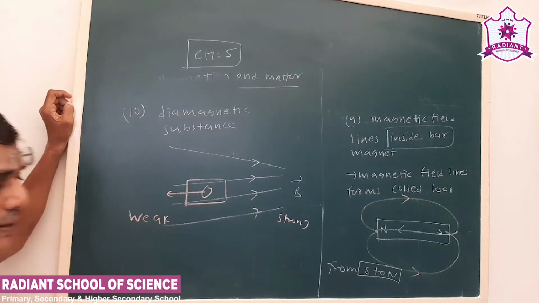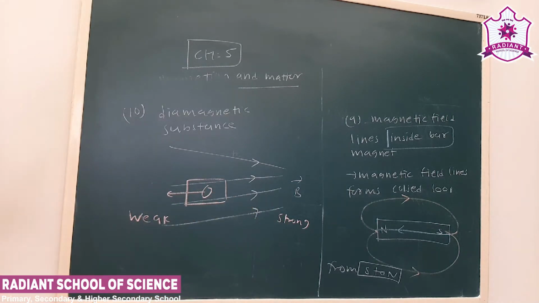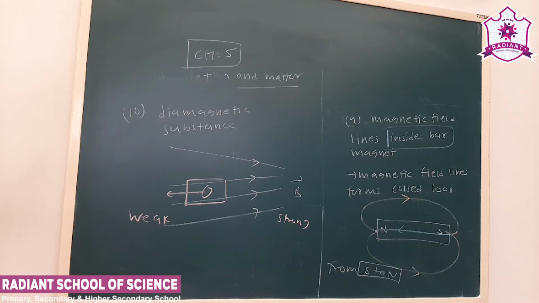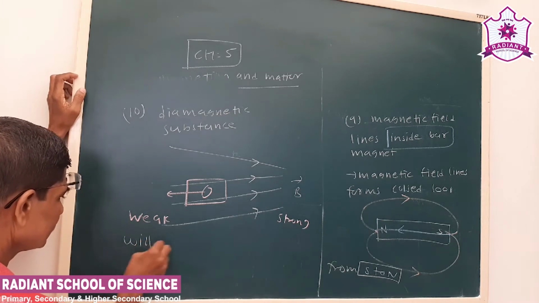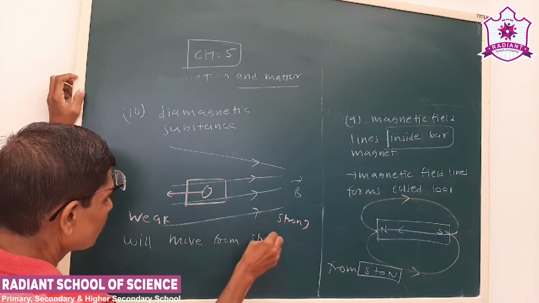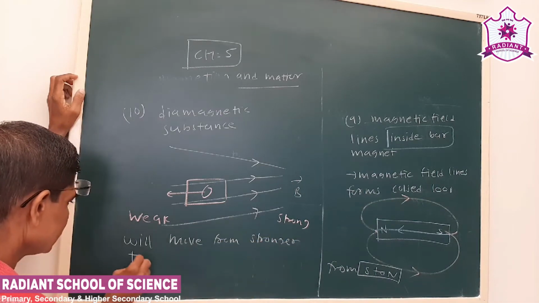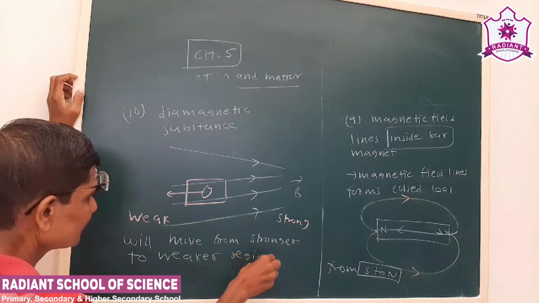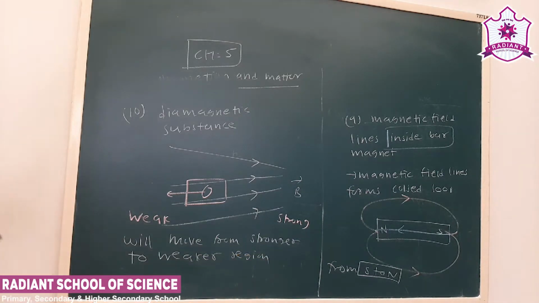Here the induced dipole moments are in the opposite direction. So in the non-uniform magnetic field, a diamagnetic substance will move from the stronger to the weaker region.